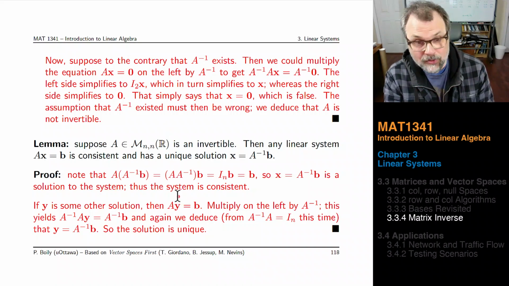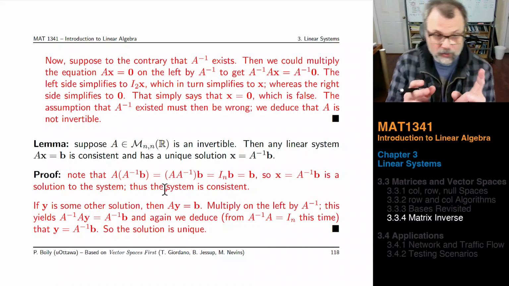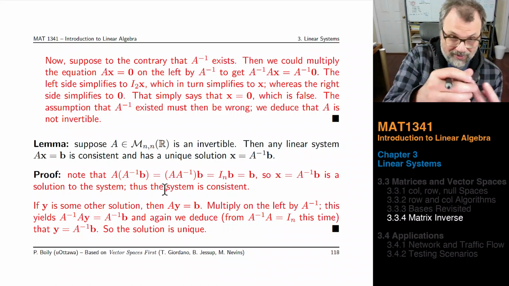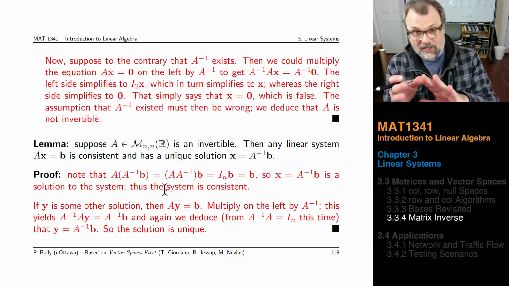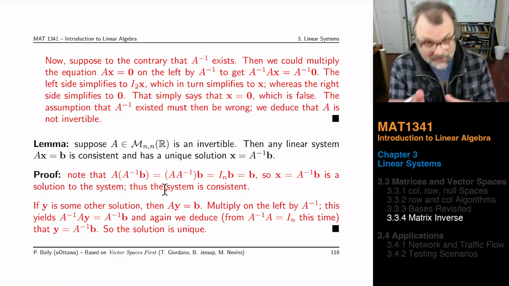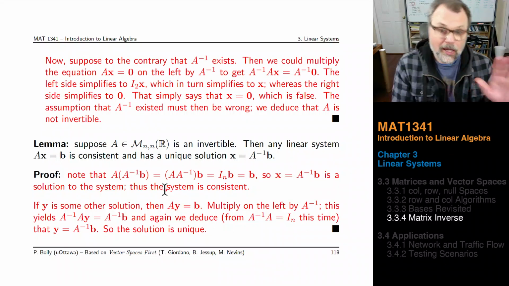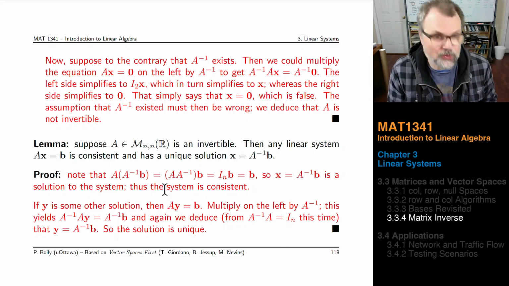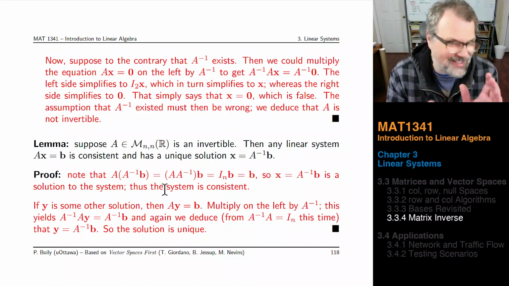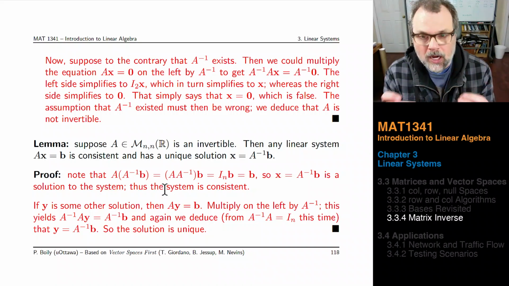Well, when I say the order, I don't mean whether you do A times B or B times A. I mean, if you have A times B times C, you can do (A times B) times C, that's one order, or A times (BC), that's another order. In mathematics, we often use the same terms to represent slightly different concepts, and it's got to be clear from the context which one we mean, right?